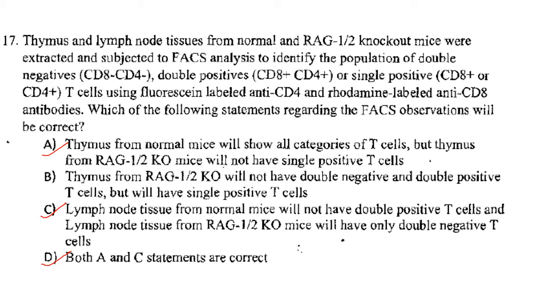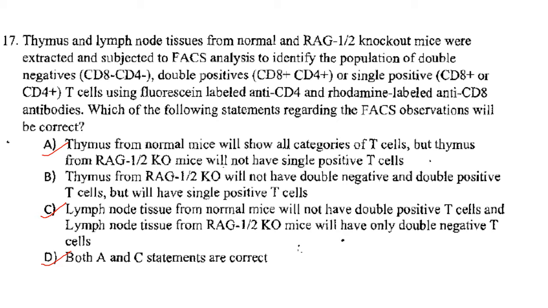Then come double positives, that is CD8 plus CD4 plus. They have the beta chain of the T cell receptor rearranged, and they begin to proliferate. They also express RAG1 and RAG2 proteins to rearrange their alpha chain genes also.